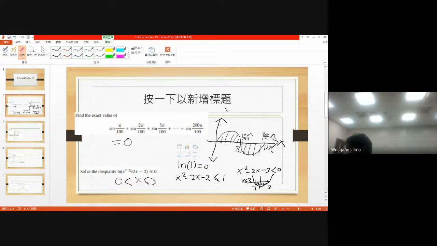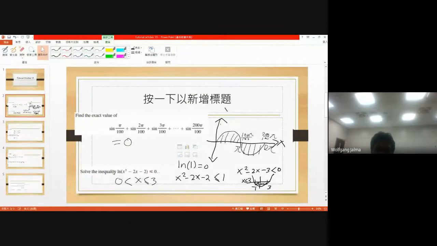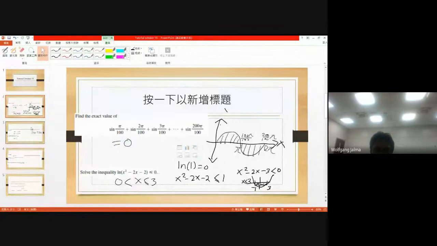This would be zero, yes, exactly like that. I will revisit this question later, or maybe next week if I'm still confused, because I'm afraid I made some calculation mistake.